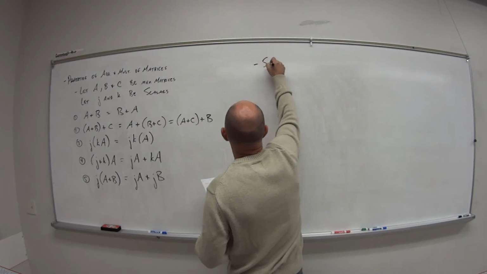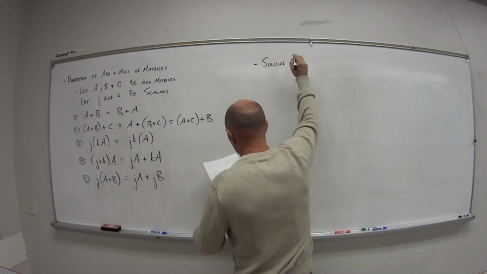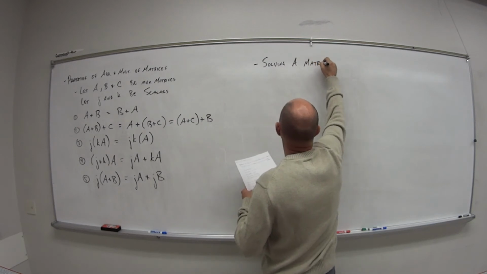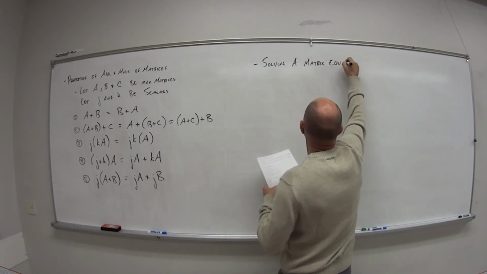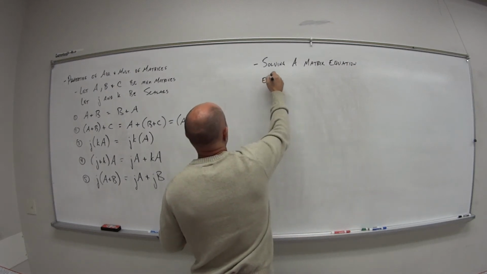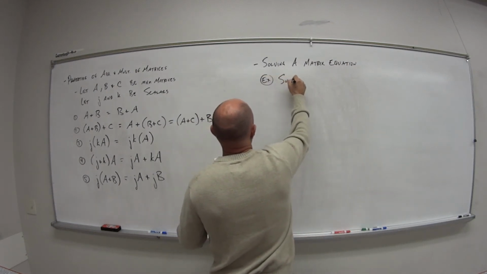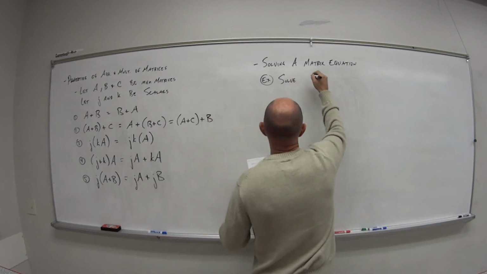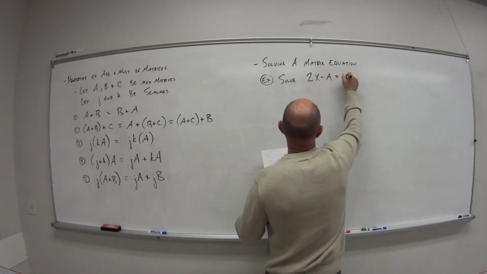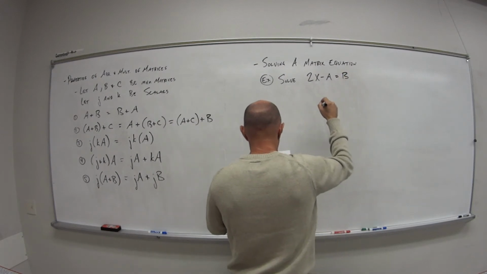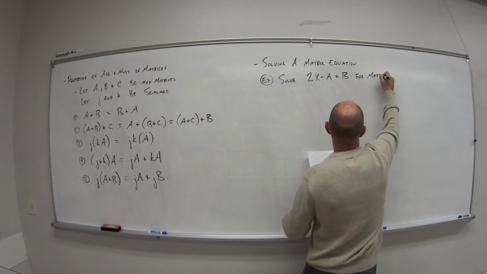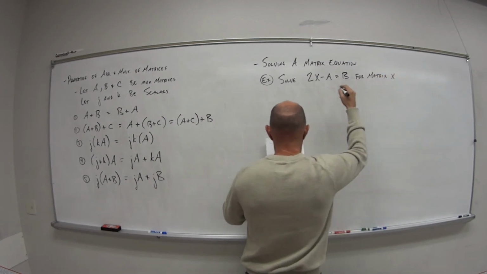The second part of this video is solving a matrix equation. So let's say I want to solve 2X minus A equals B for the matrix X. I don't know what that is, I'm trying to figure it out.